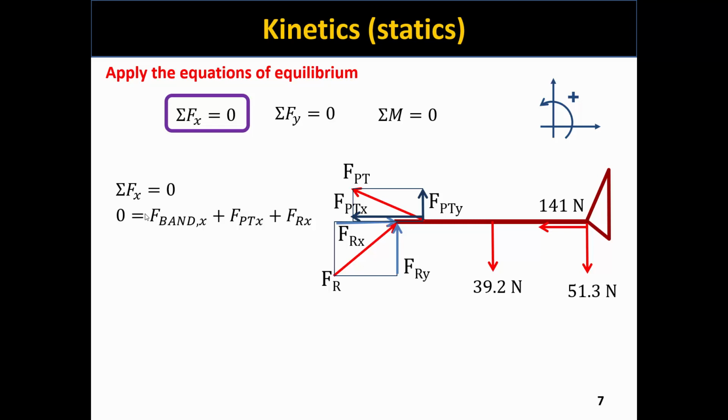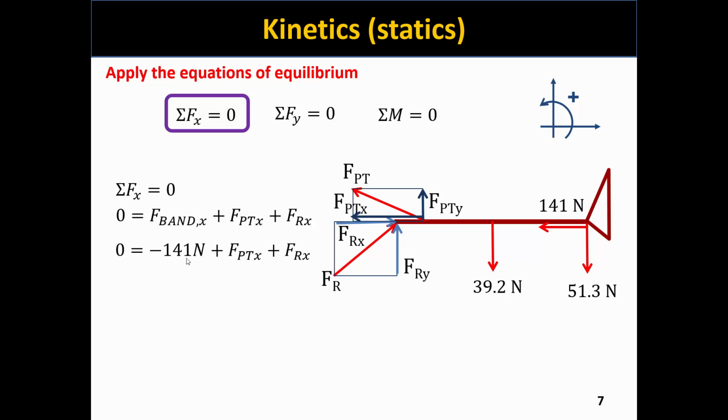Notice here, in the first statement, I don't have negative signs, because we are adding up, all we're doing is substituting symbols at this point. But when we're ready to input numbers, then we would reflect whether those are going in the negative direction or the positive direction.